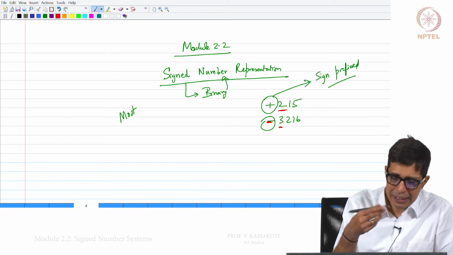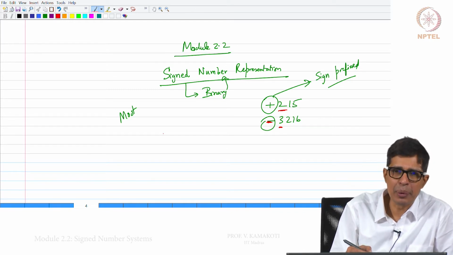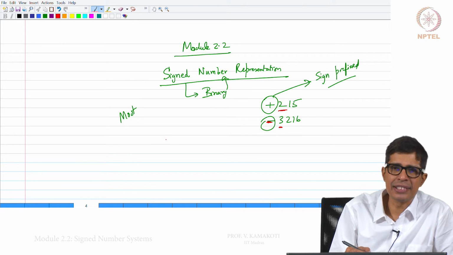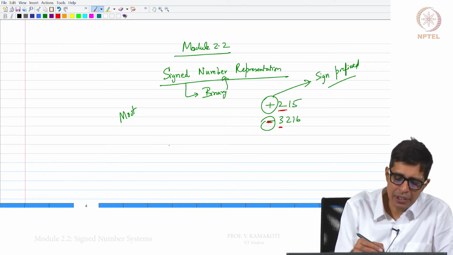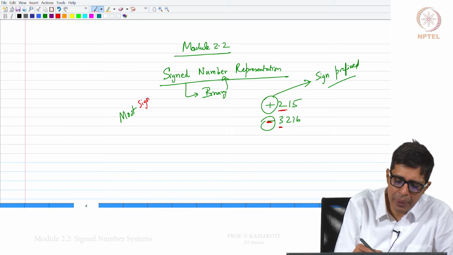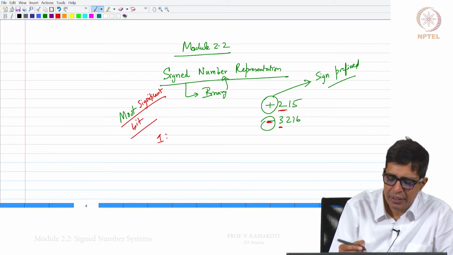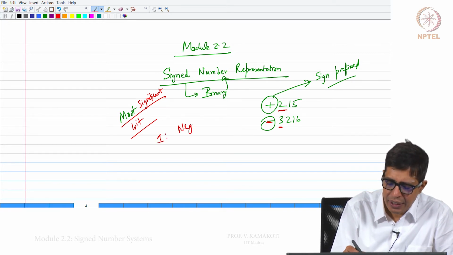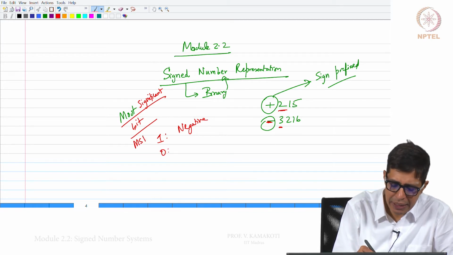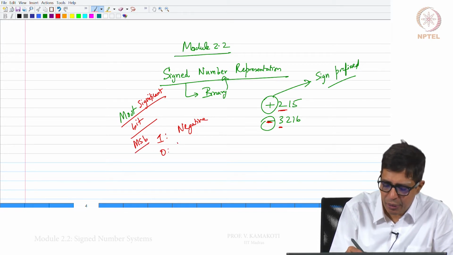So, the best way to tell a computer that an integer is negative or positive is to use the most significant bit for this purpose. If the bit is 1, then it is negative. If the most significant bit is 0, I will call it MSB, then the thing is positive.